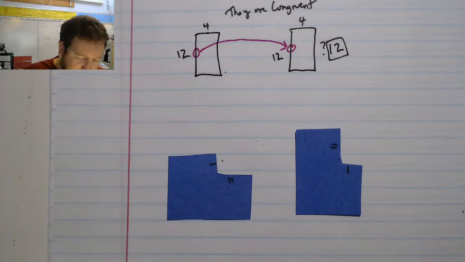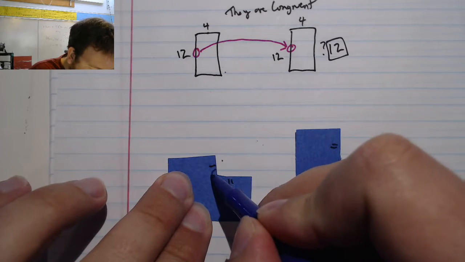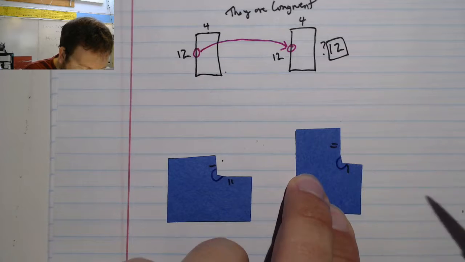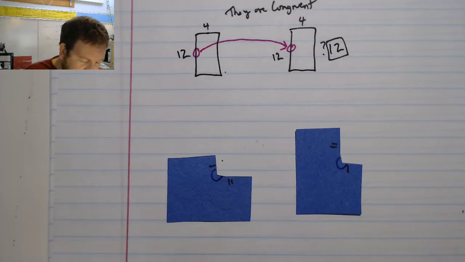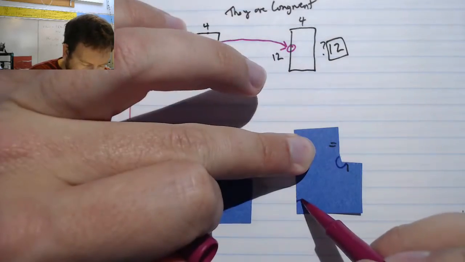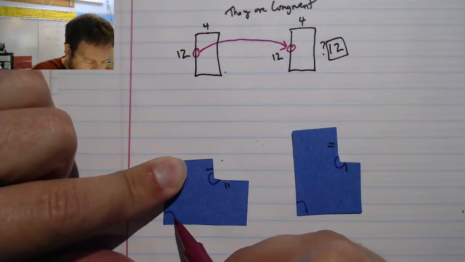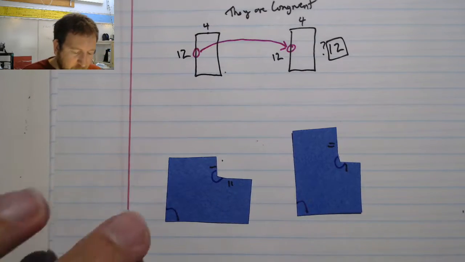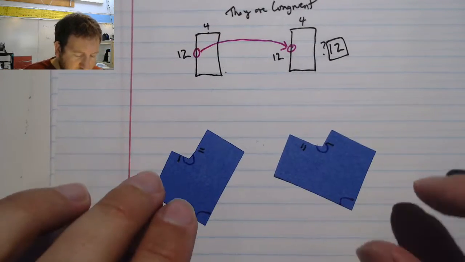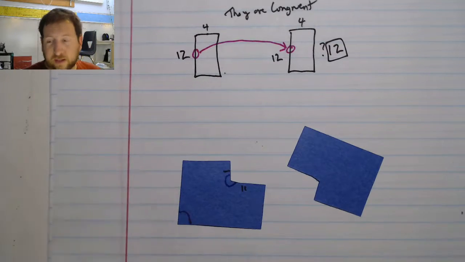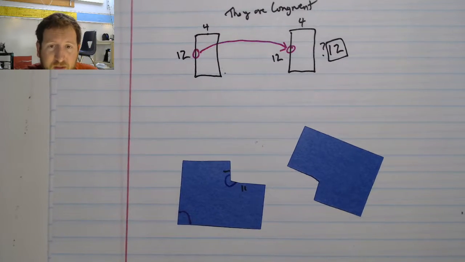I could say that this interior angle here is going to be equivalent to this interior angle here. And this opposite angle here, which is directly opposite, is going to be equal to this one as well. No matter the direction that I put them in, and if I flip them back over, I would need to make sure that it's equivalent again. And that's going to be the key focus of this section.